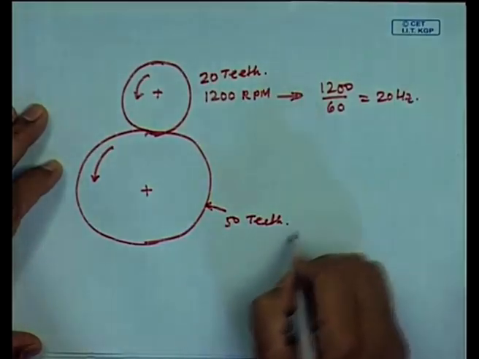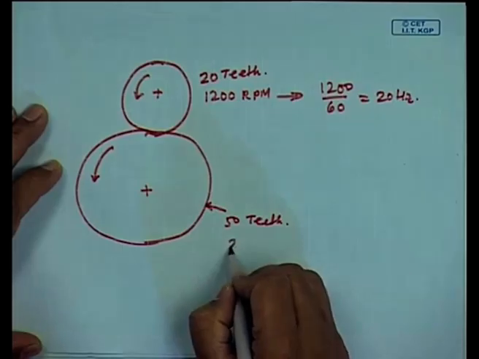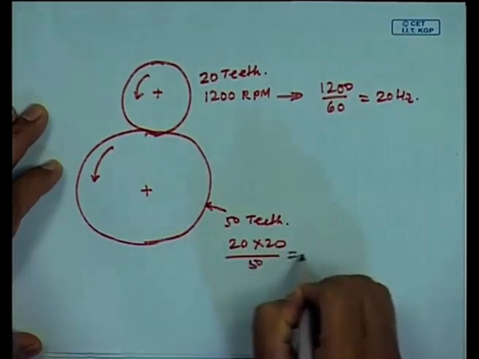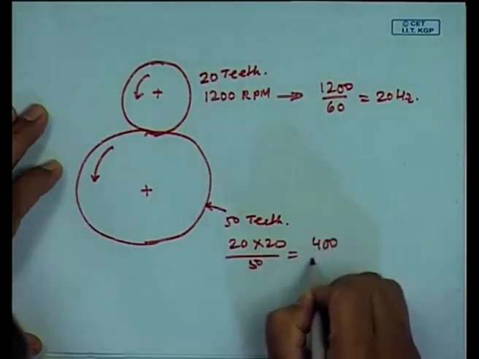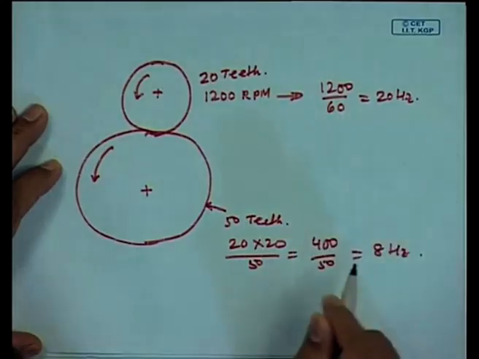So, this will be running at a speed of 20 into 20 by 50, that is equal to 400 by 50, that is equal to 8 hertz, right.